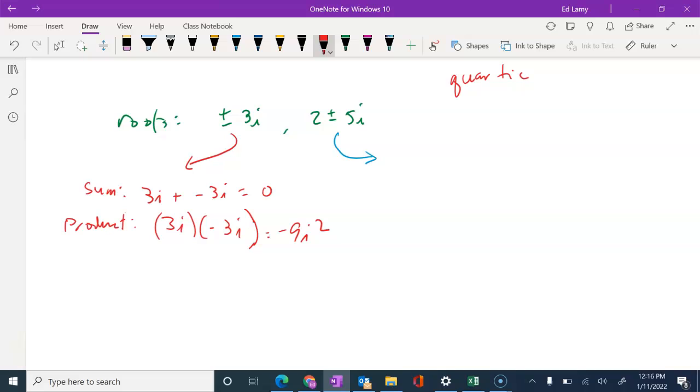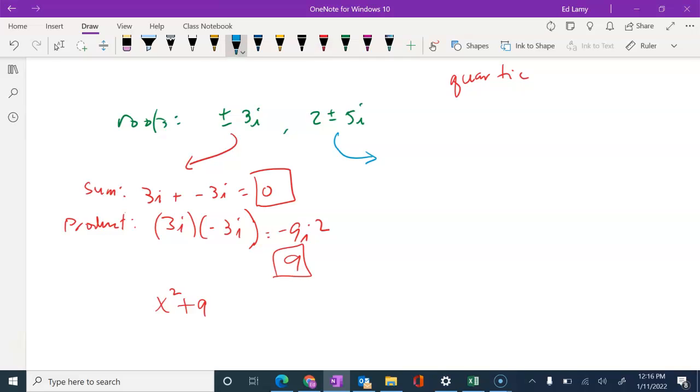Negative 9i squared is positive 9. So the quadratic that would come from those two roots would be x squared minus the sum, minus 0, so I'm not going to write anything, plus the product, plus 9. There. It's a quadratic binomial.